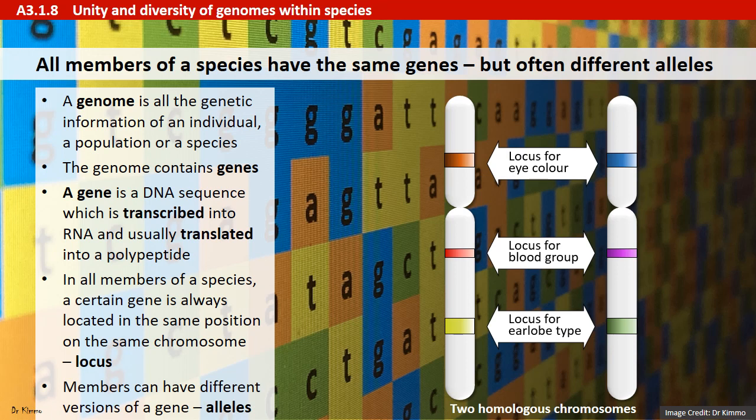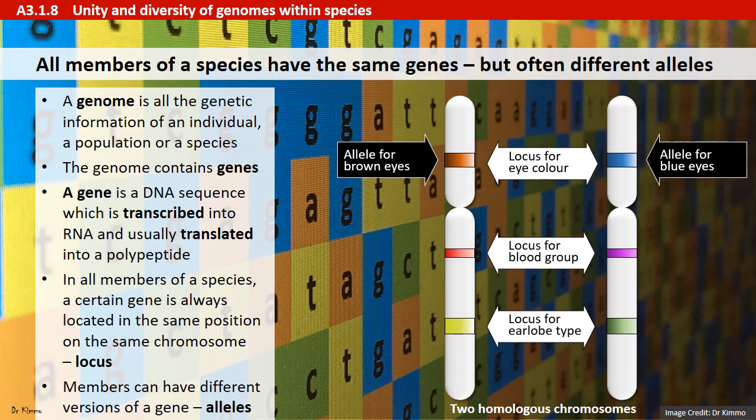Now members can have different versions of a gene, and those different versions we call alleles. So in this case, a person with two homologous chromosomes, and everybody has two homologous chromosomes, on one of these chromosomes the person has an allele for brown eyes, on the other an allele for blue eyes.